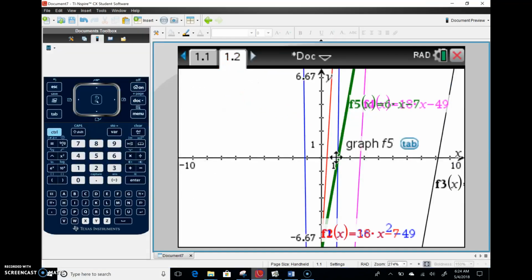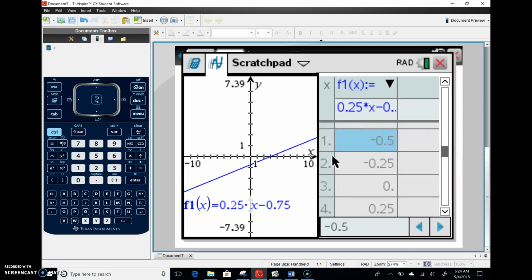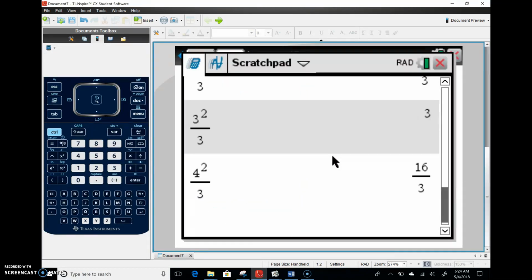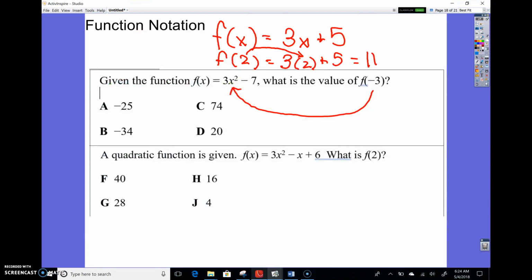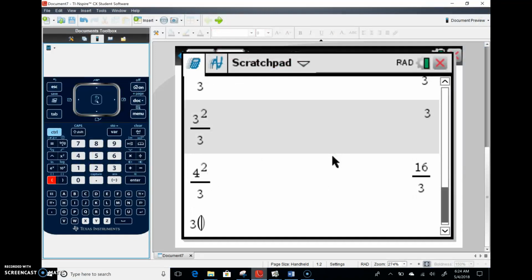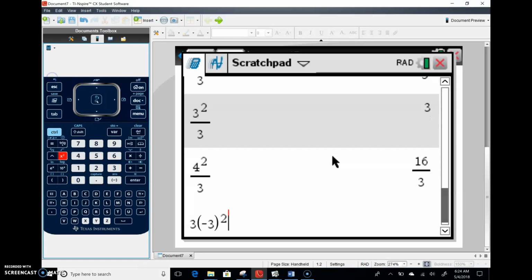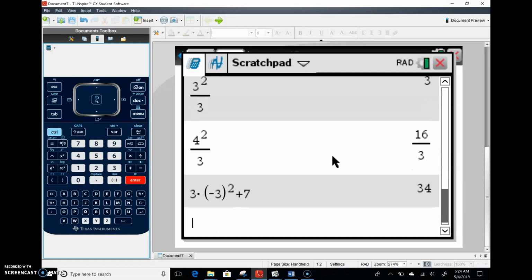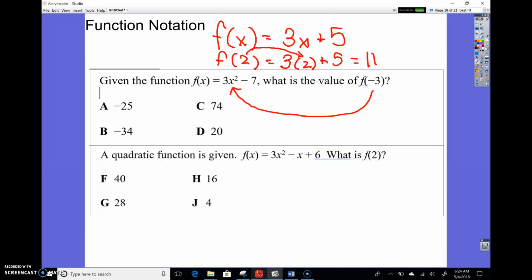So I'm going to do my calculator. 3, parentheses. You see it's negative 3, so I put negative 3 in my calculator plus 7. Enter. The answer is 34. 3x squared minus 7.